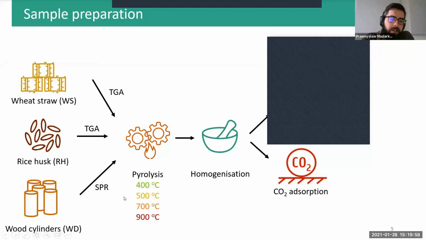For 500 and 700 degrees, it was 10 minutes. And at 900, the sample reached 900 degrees at its center after 5 minutes. Of course, after reaching the steady mass of the cylinders, we still waited like 10 seconds to be sure that the mass doesn't really change. I hope that answers the question.